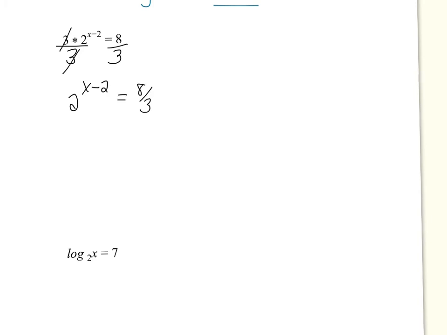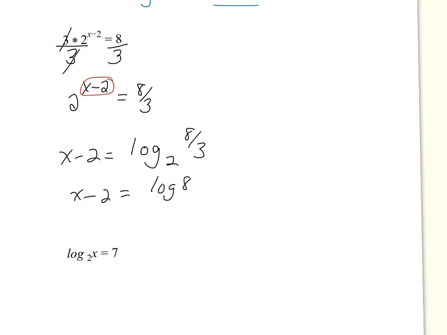And now I can turn it to log form. I take the exponent, which in this case is x minus 2, that goes by itself, equals log base 2 of 8/3. I don't know what log base 2 of 8/3 is, but if I type it in as log of 8/3 over log of 2, it will give me my approximate value.